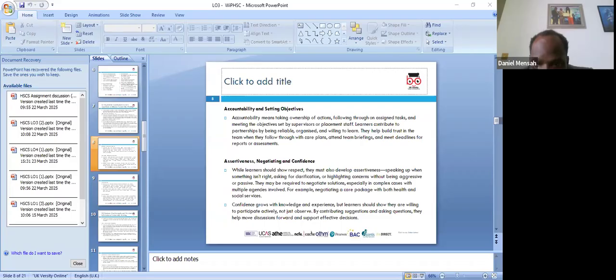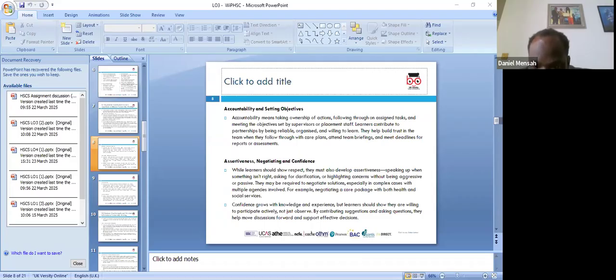This, I think, is very important because learners should be very assertive, in that they should be able to question policies and question anything that they feel has some concerns, but they need to do that without being aggressive.